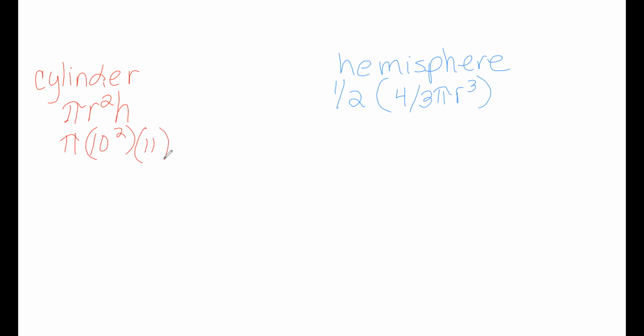11, right? So for this one, we're already saying pi. We know the 10 times 10 is 100. So we already know we're looking at 1,100 and then times pi. So we've got about 3,454.